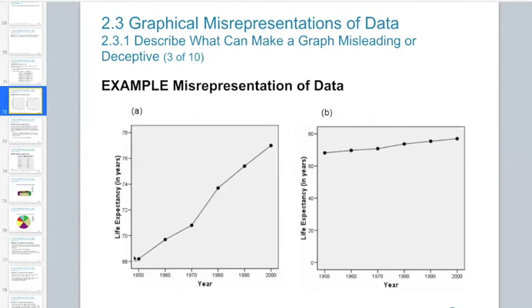So if I wanted to convince somebody that our ability to live longer, our health care, or whatever my approach is, if I want to show them that it's increased drastically, we've gotten a lot better with our health care, our longevity of life has increased, I would use the first graph.